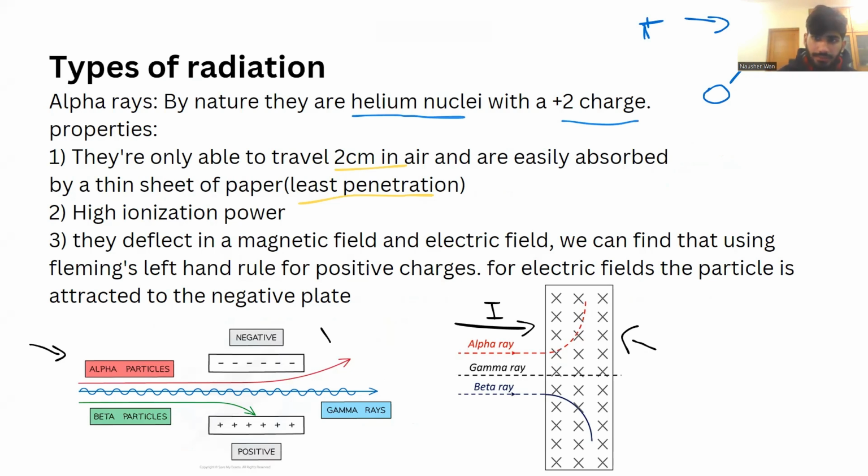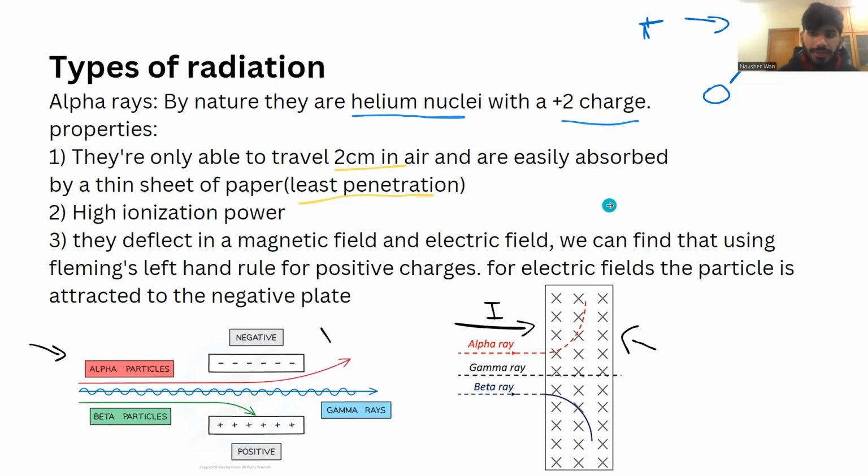Because of this property, alpha rays are very bad at penetrating things. If you pass an alpha ray through any object, it will find it very difficult to pass through because it's just not one of its properties to be very penetrative. So it can simply be blocked by a very thin sheet of paper, and it can only travel 2 centimeters in air before it is easily absorbed by even just the air molecules.